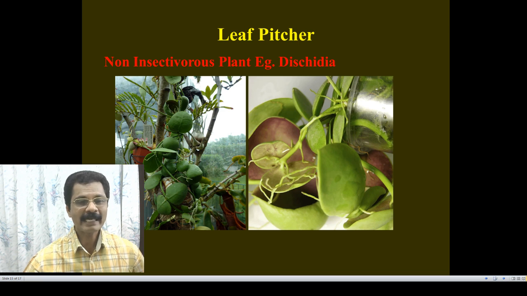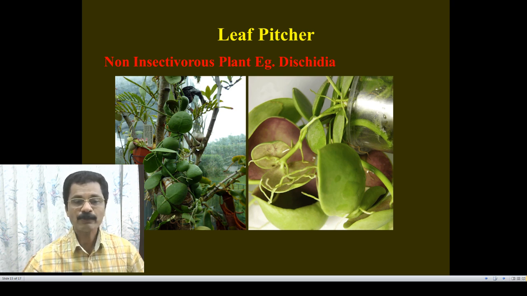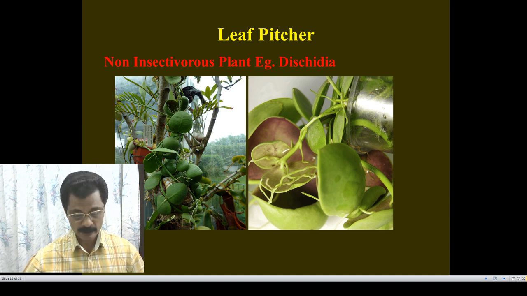This is the Dischidia leaf pitcher, a non-insectivorous plant. Dischidia rafflesiana is a common example. So leaf is modified into pitcher to store water and dewdrops.